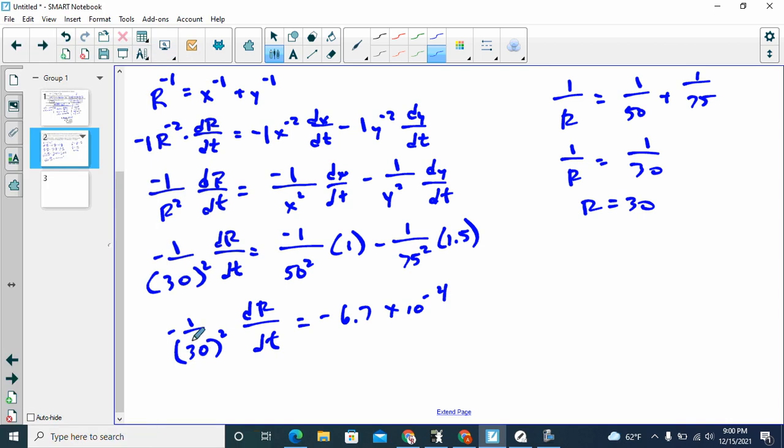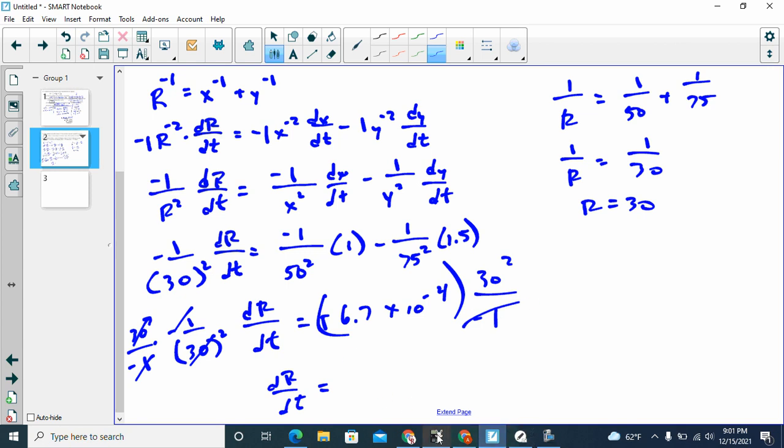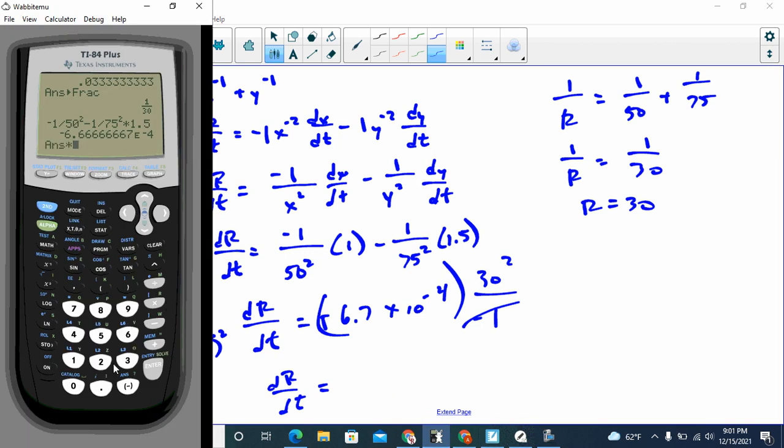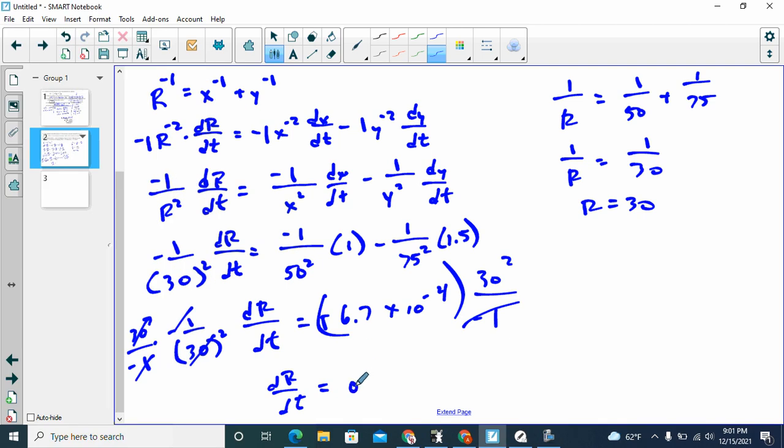On this side, we want to multiply both sides by 30 squared over negative 1, and that should give us dR/dt. Negatives cancel, so we should get a positive answer here. So times 30 squared, positive 0.6. Negative divided by negative should be positive. Positive 0.6 ohms per second.